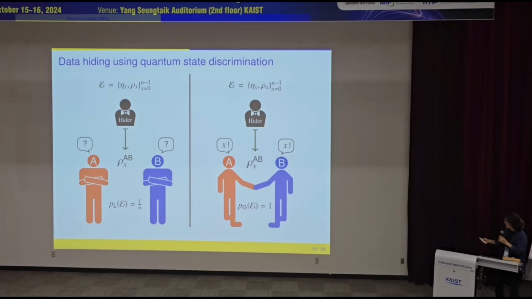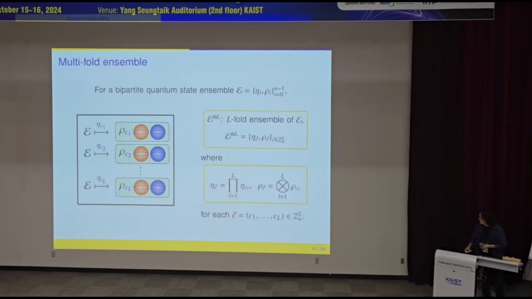So instead, we're going to use this ensemble several times. Instead of a single use of this ensemble, the hider prepares a state several times from this ensemble, so that in the first round he prepares this ρ_{c1} and so forth. Then the state of the system after this iteration of preparation will be described as the tensor product of the states at each preparation.